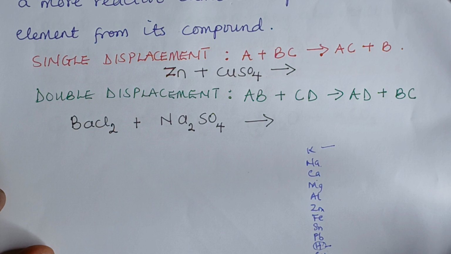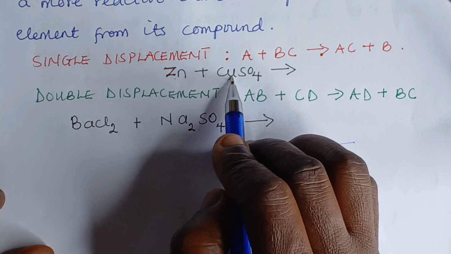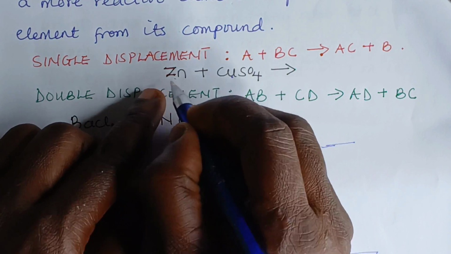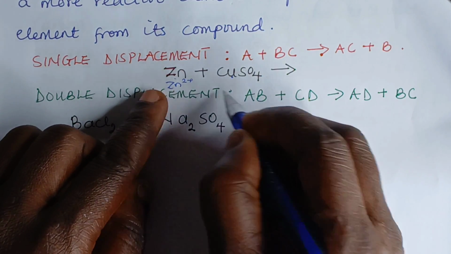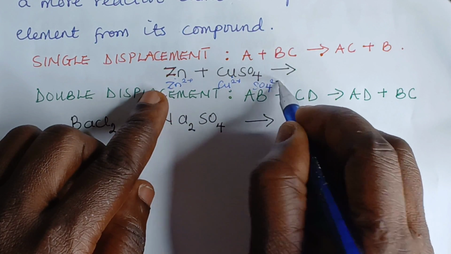So in this case, it means zinc is more powerful than copper. Copper is very, very low in the activity series. So we have zinc displacing copper from a solution. Zinc carries +2, copper also carries +2, and tetraoxosulfate 6 carries -2.